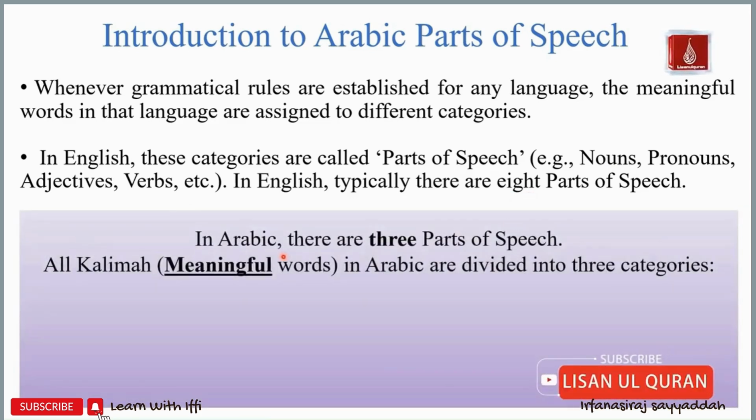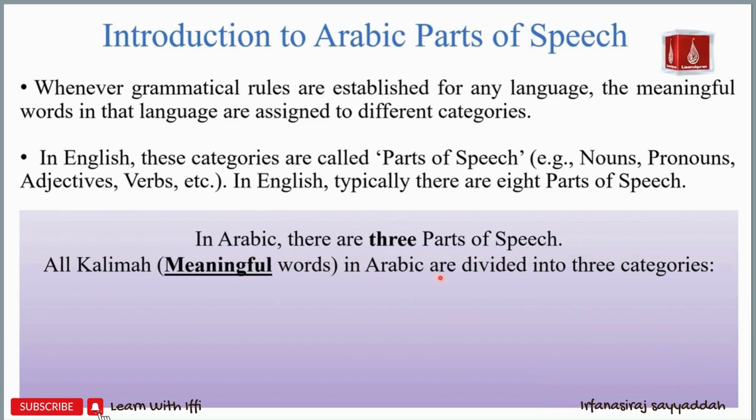In Arabic, there are a total of 3 parts of speech. All kalima or meaningful words in Arabic are divided into 3 categories. These are ism, fail, and harf.